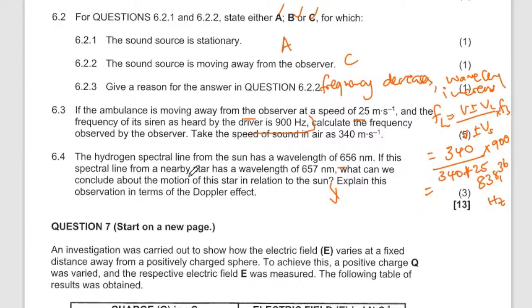Then the hydrogen spectrum line from the sun has a wavelength of this. The spectrum line of the nearby star has a wavelength of 657. What can we conclude about the movement of the star relative to the sun? We can see that the wavelength of the spectrum lines of the hydrogen atom from the star is longer, because this is 656 and this is 657.